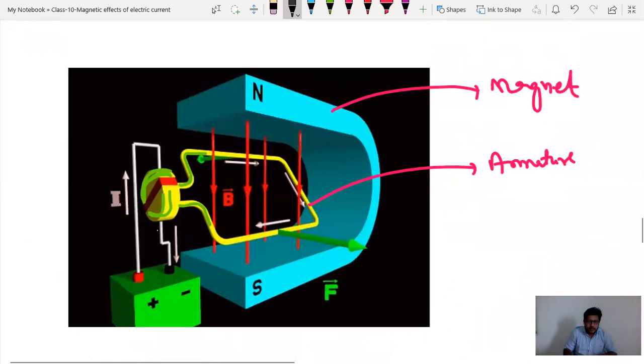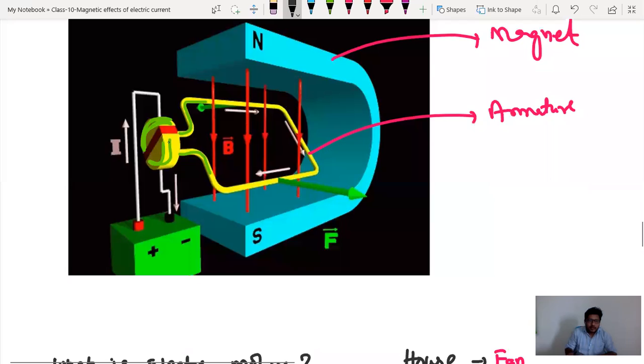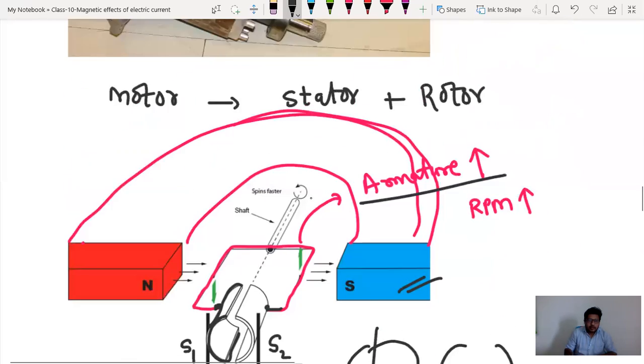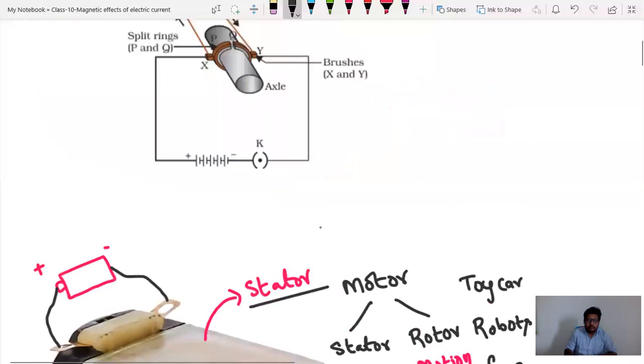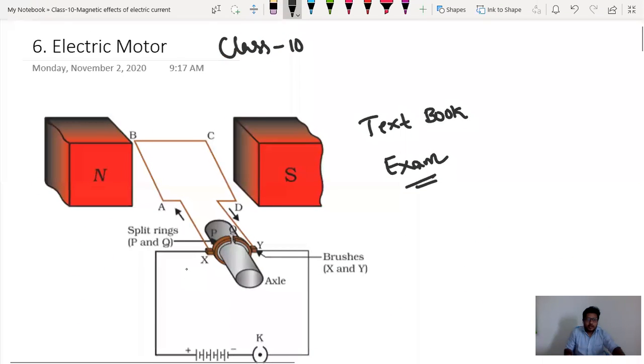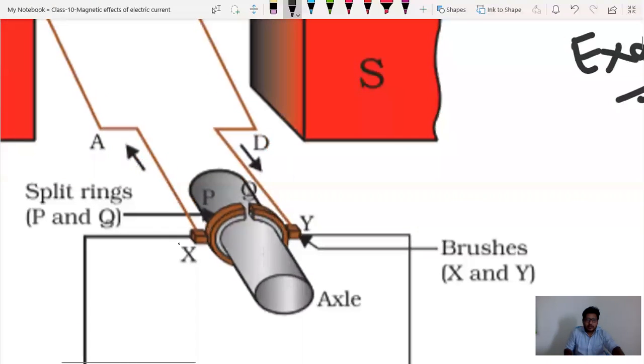If you see this diagram, we can find the split ring, and this X and this Y are brushes, which will be holding it and which will pass electricity through it, and the brushes will be static.